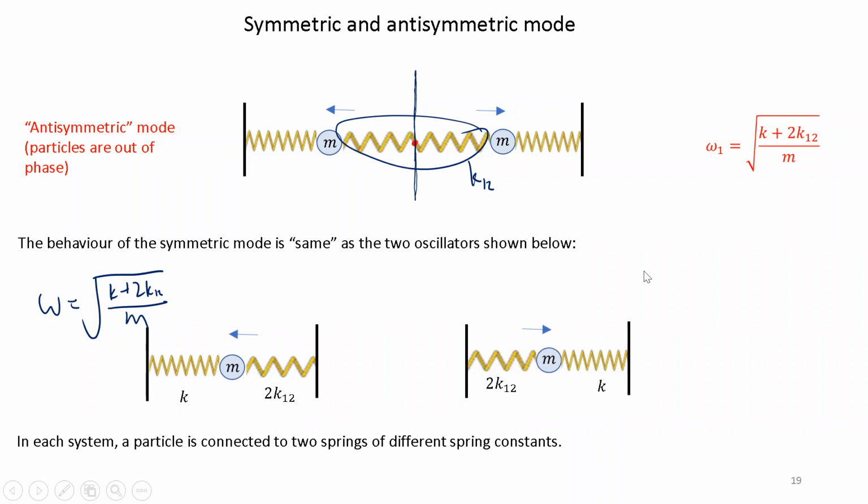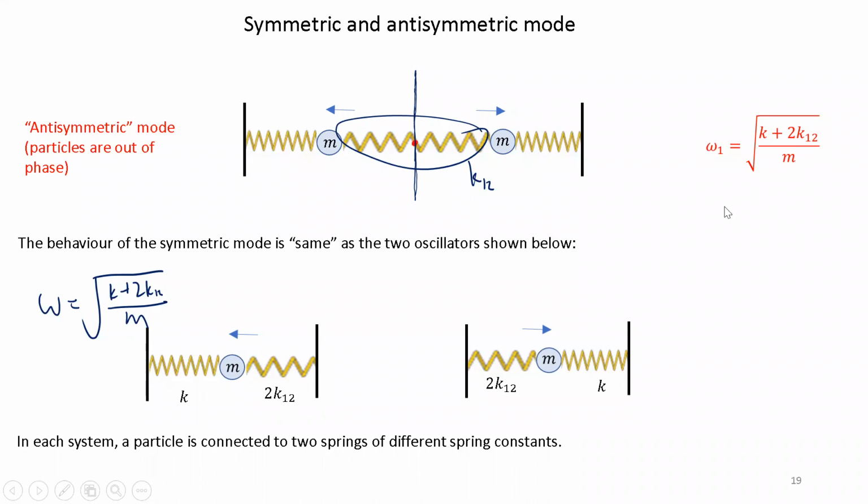And that is exactly equal to what we have just seen. Okay, so these just give you some intuition of how to think of these two numbers, the two frequencies.